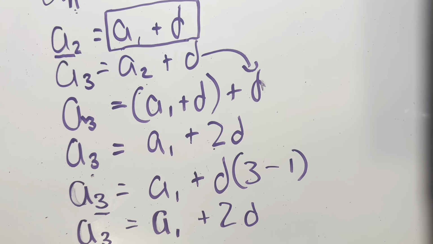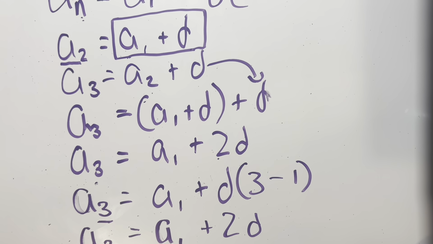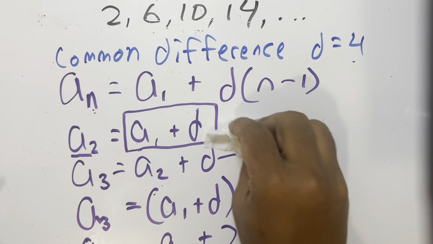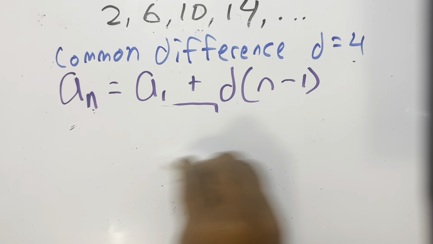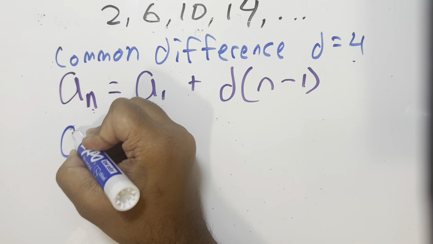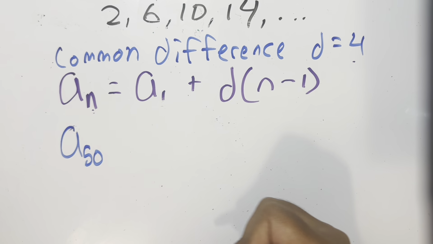Now let's take a look at an example. Let's keep this general formula in mind. Now let's try to find our a of 50. Let's try to find a of 50 using this formula.